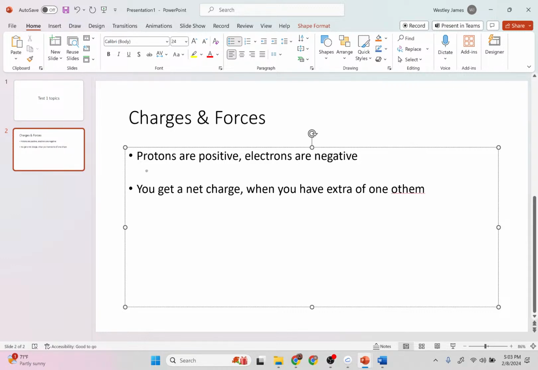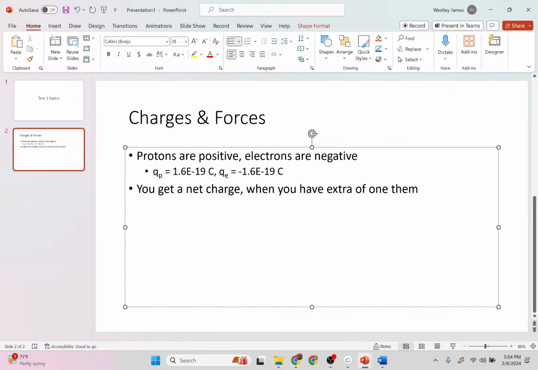The charge of a proton equals, again, this is going to be on your formula sheet, 1.6 times 10 to the minus 19 coulombs. The charge of an electron is the exact same thing, but with a negative sign. It's real weird, but that's just how things work.